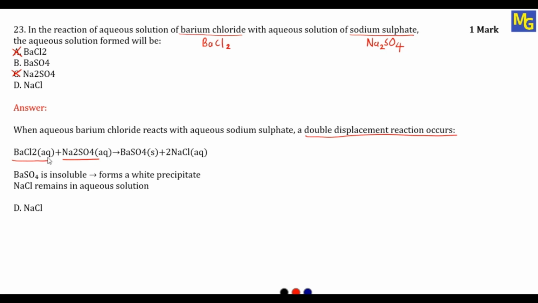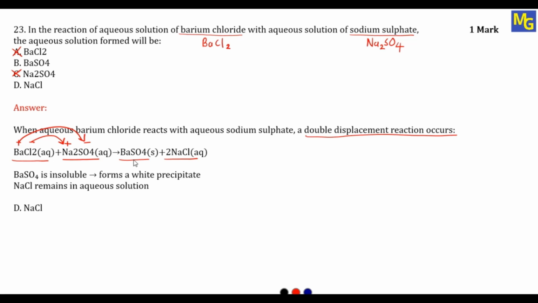So BaCl2 plus Na2SO4, when it combines, this Ba is positive, Cl is negative, Na is positive, SO4 is negative. So this positive combines with this negative and this negative combines with this positive. So what we are going to get? We are going to get BaSO4 and NaCl.